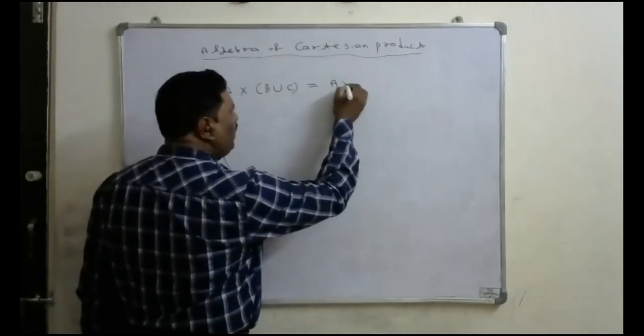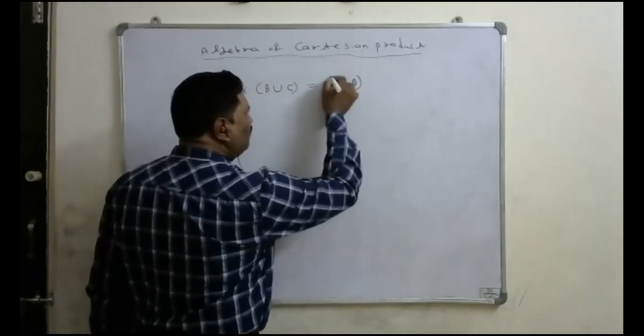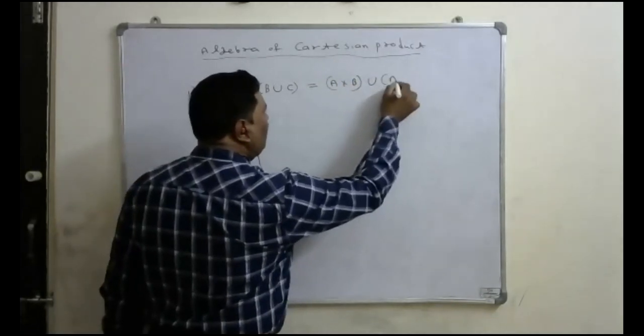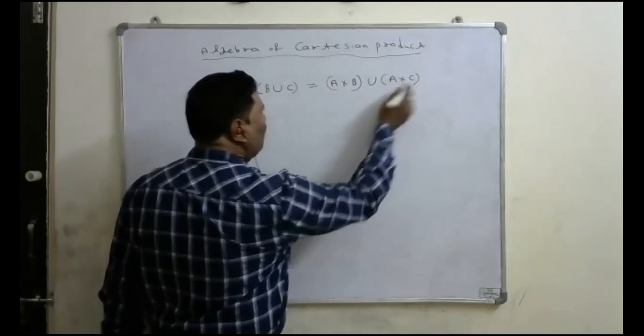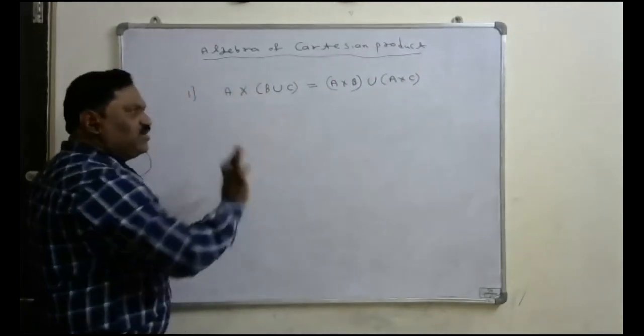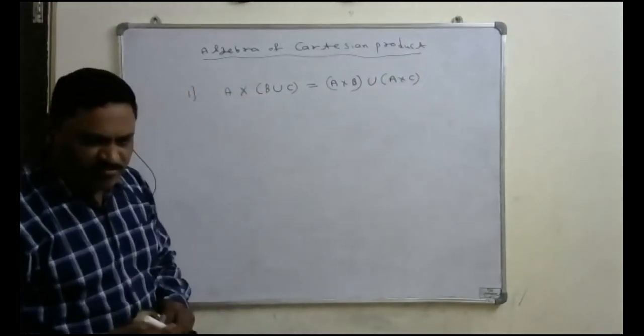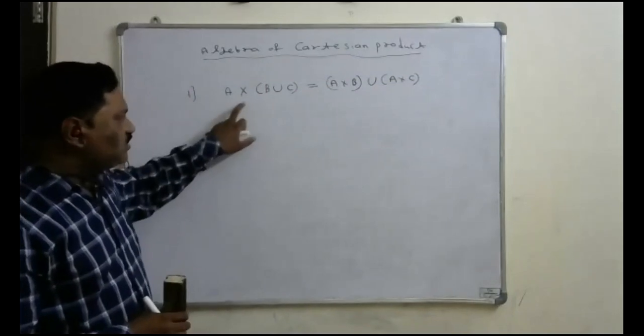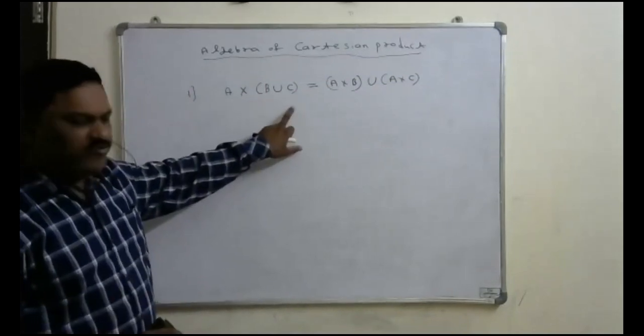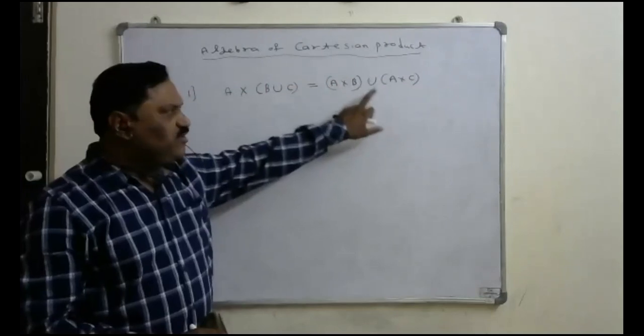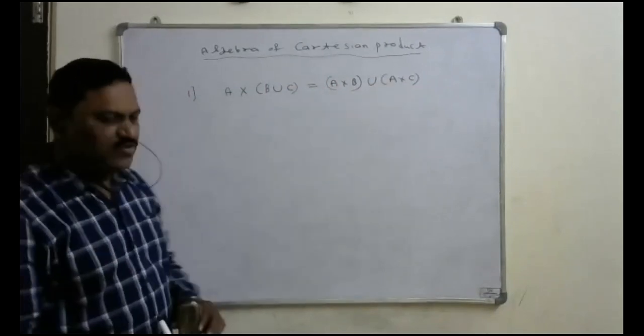It is A cross B union A cross C. Even if you multiply, the operator in between does not change. So this is the formula you have to remember: A cross B union C is equivalent to A cross B union A cross C, whatever the sets may be.